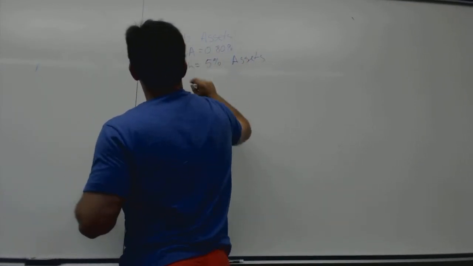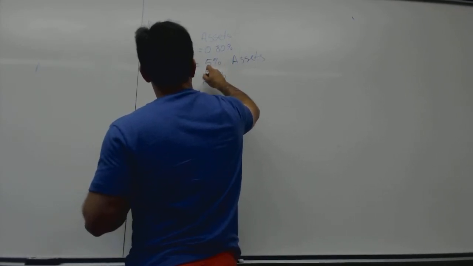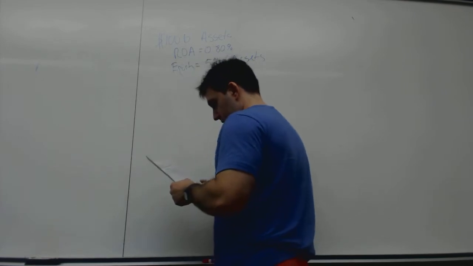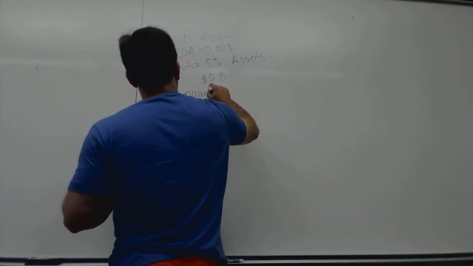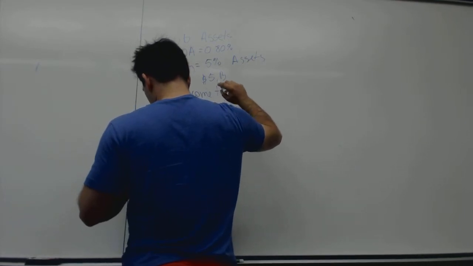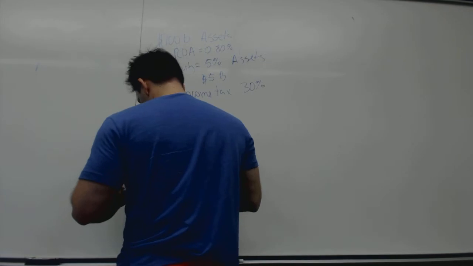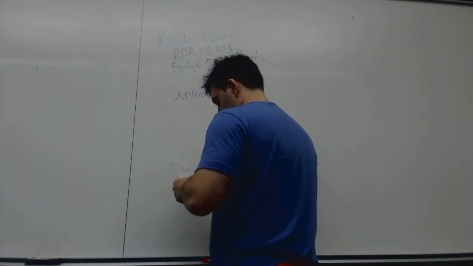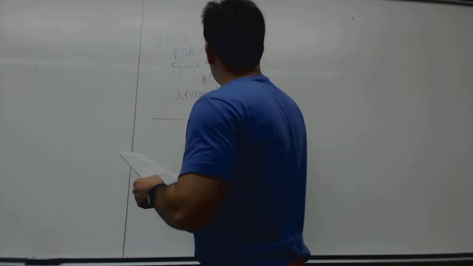So 5% of 100 billion, we know that equity is 5 billion. Income tax is a 30% marginal rate.